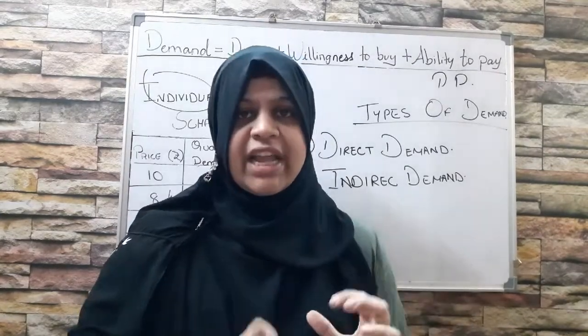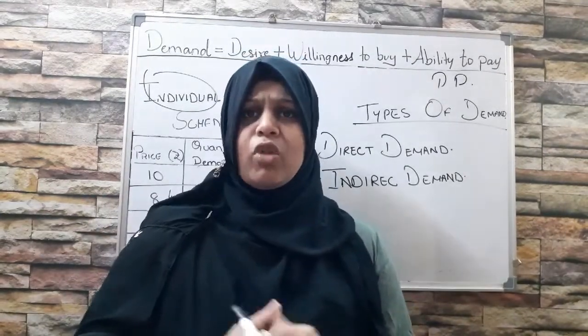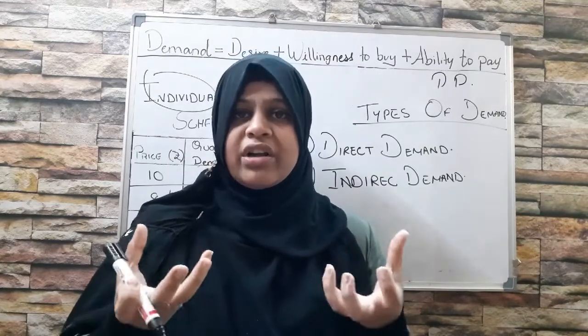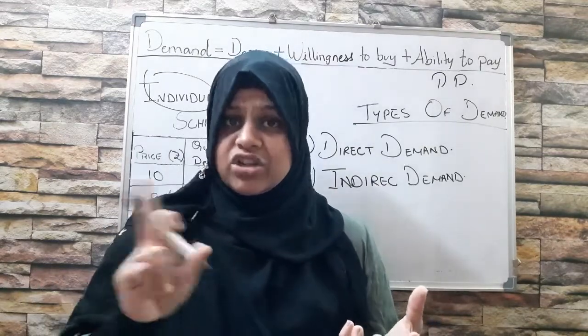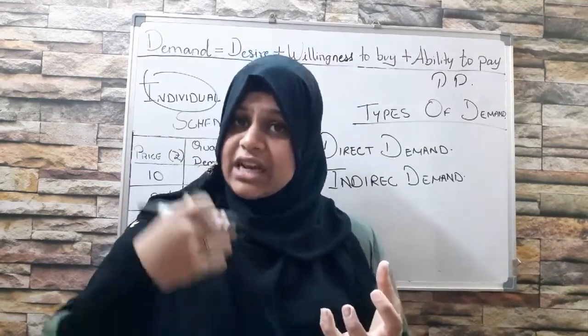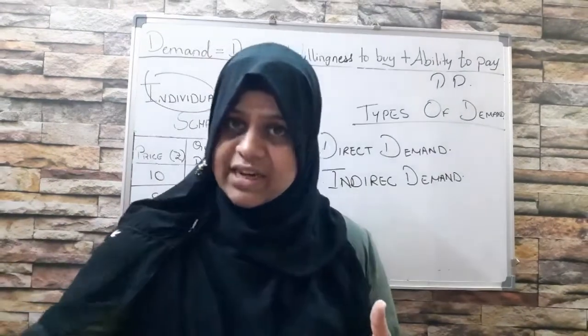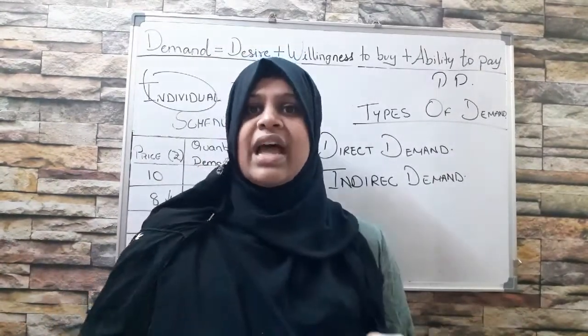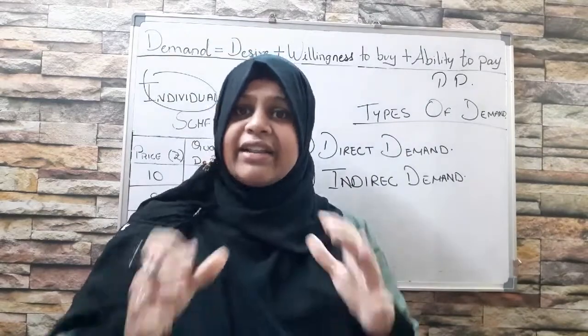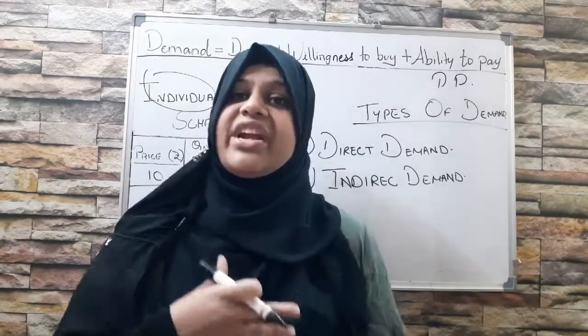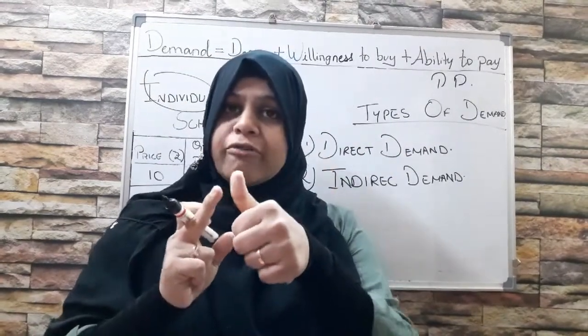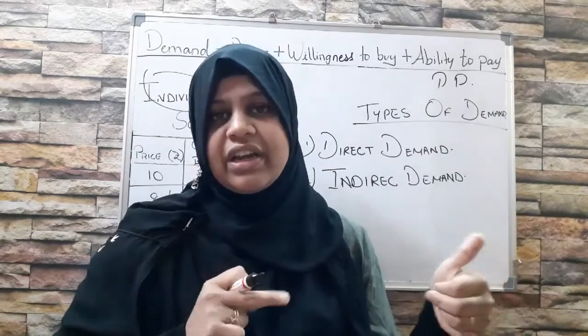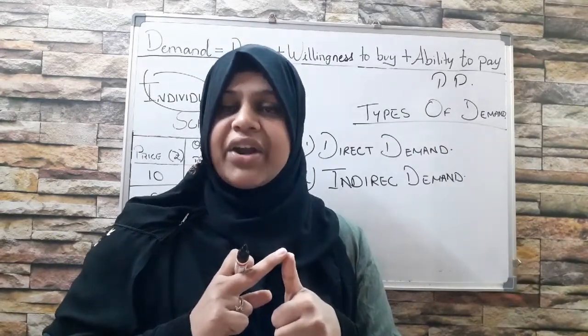Like, for example, wood. Wood is just a raw material, it's not ready to use. I still further have to process it. I have to cut it into pieces, I have to join it with the nails, and then I will make a table which is ready to use. So the demand for wood, which is a raw material, is my indirect demand.